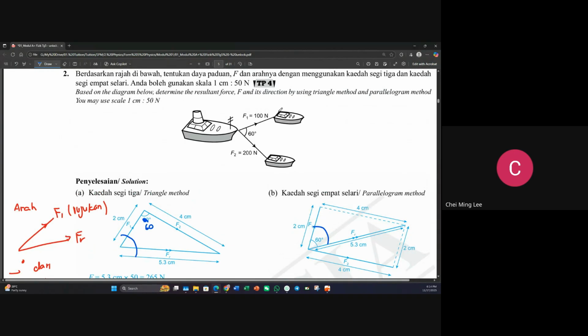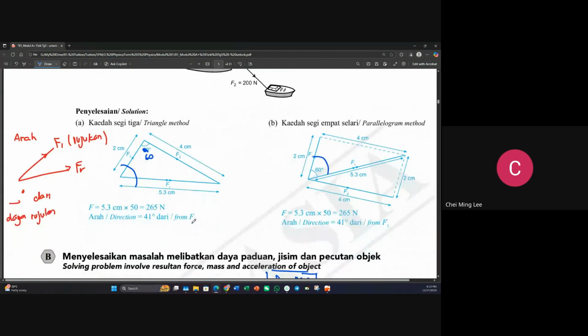So 100 Newton will be 2 cm, and 200 Newton will be 4 cm. With 60 degrees, then you sum it up, and it becomes 5.3 cm. So 5.3 cm times 50 Newton per cm gives you 265 Newton as the resultant force. The direction will be this one, 41 degrees from F1.